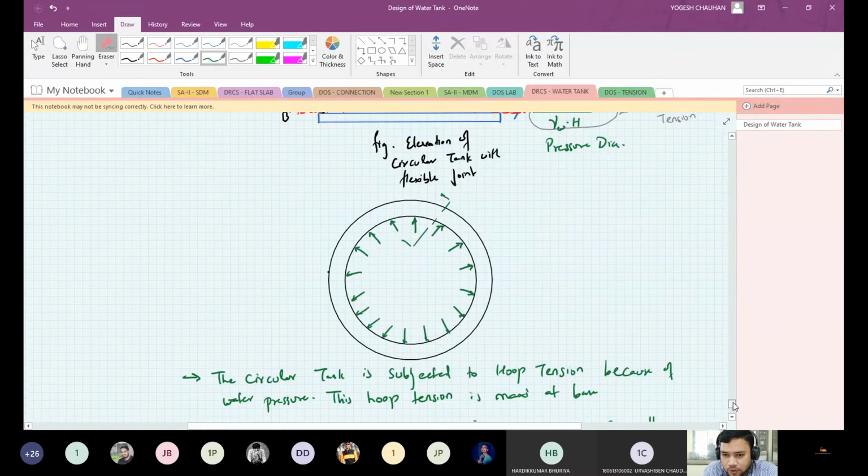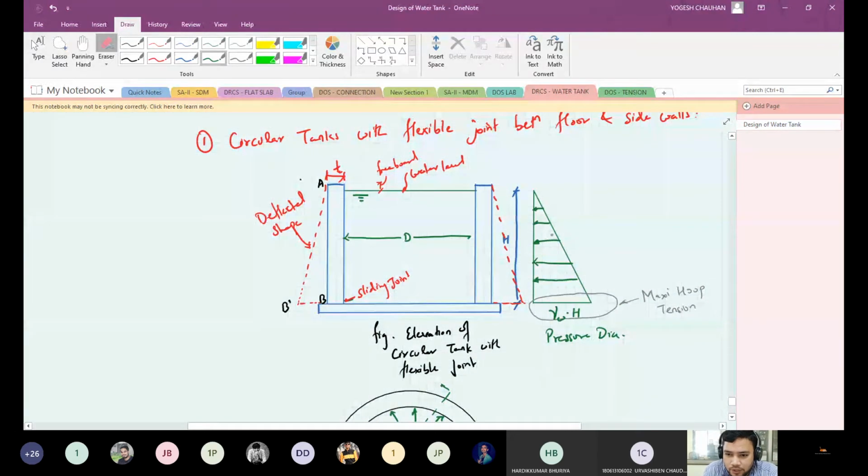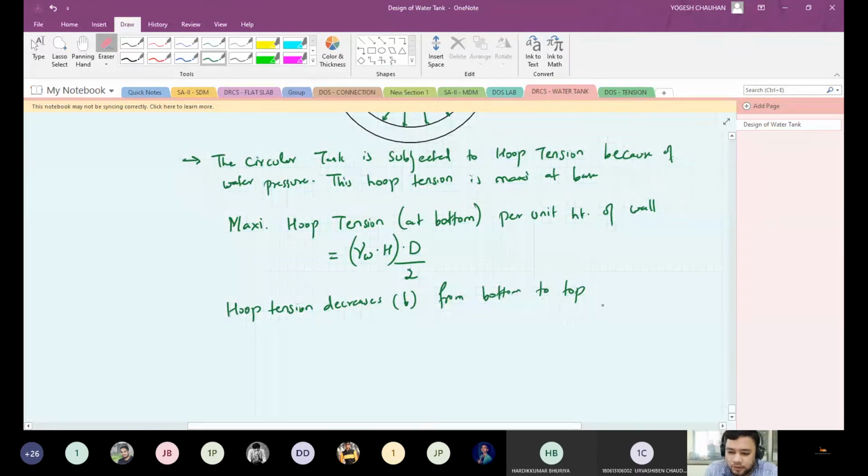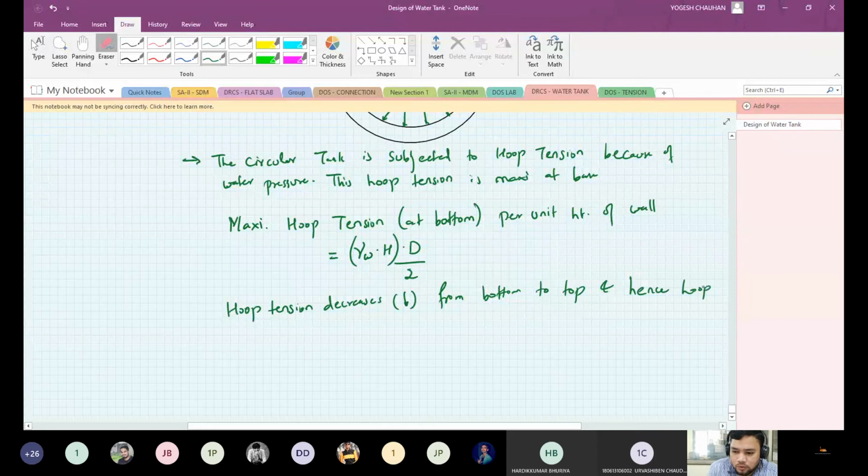As we move from bottom to top, the intensity of this pressure distribution decreases, and hence the hoop stress also decreases, and hence the hoop steel required for resisting this hoop tension can also be reduced accordingly.